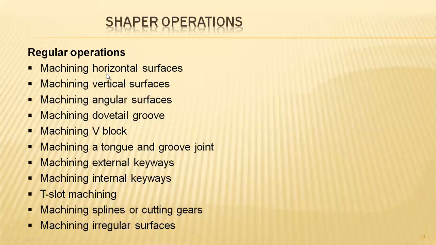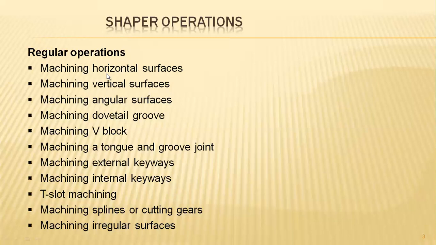And moving on to regular operations, we have the slot machining process, T-slot machining process, machining external keys and internal keys, which have different typical threading or orientations towards their grooves.